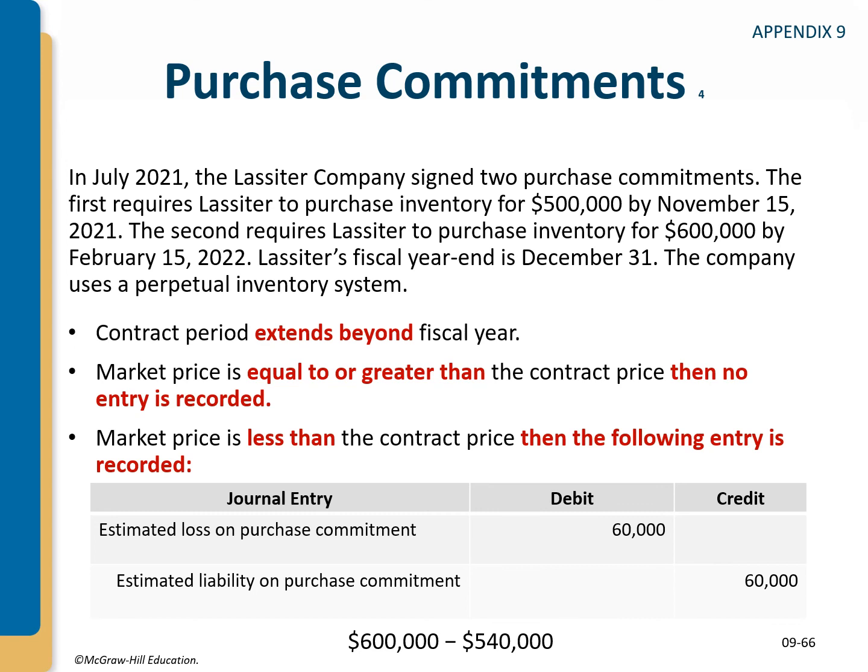That's what those numbers down in the bottom mean. So we're going to debit a loss on purchase commitment, $60,000, and debit a liability on purchase commitment because we're going to owe an extra $60,000 as of December 31st.